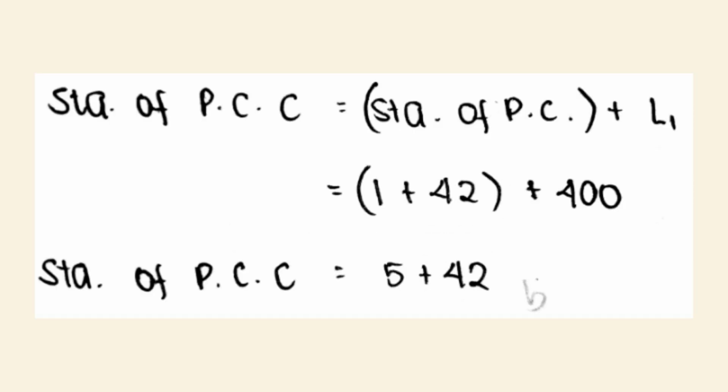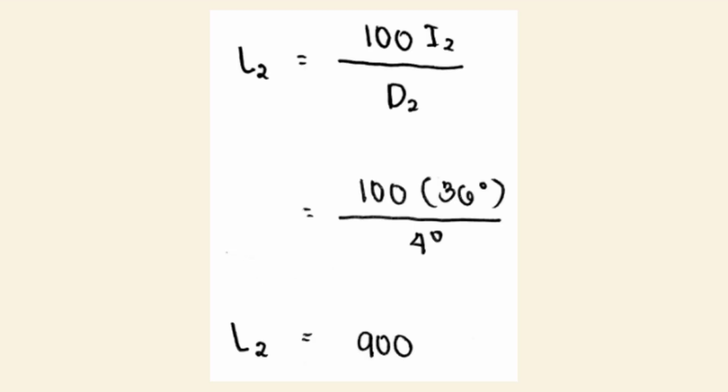Now the stationing of PCC would be the sum of stationing of PC plus the L sub 1. We have 1 and 42 plus 400 feet, so the stationing of PCC is 5 and 42. Using the same formula for L, our L sub 2 would now be 100 multiplied by 36 degrees divided by 4 degrees.